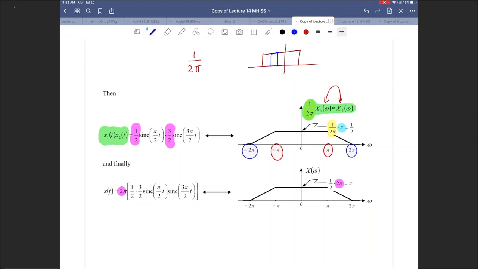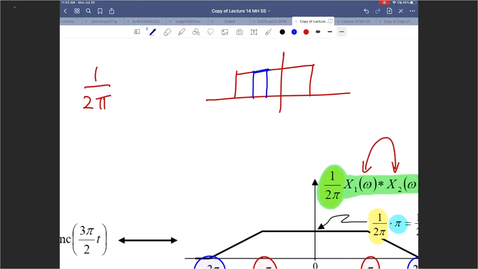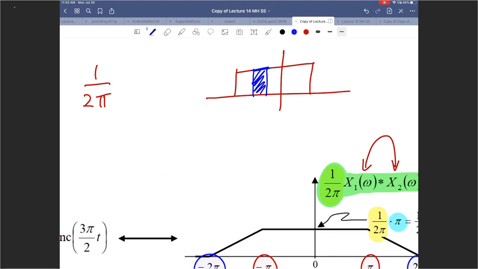That's when you get the height of the trapezoid. And we know that this guy is pi and this guy is, I believe, 3 pi.